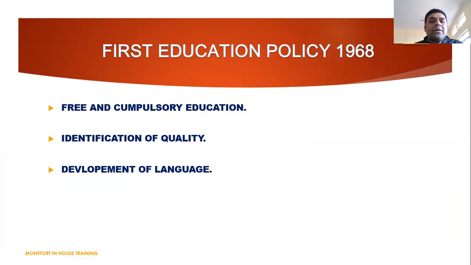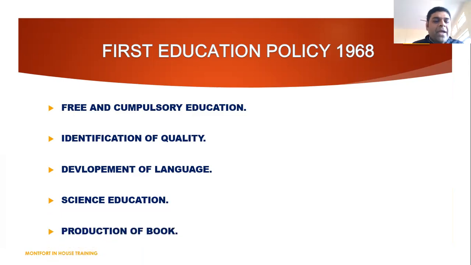They said there are majorly three languages: Hindi, English, and the regional language. Science education. Earlier there was no science education, so they started science education in school, so that small children may get education in science. They start to learn about science through books. And finally, production of books. As it was free education, it was essential to provide books also. So they started the production of books.